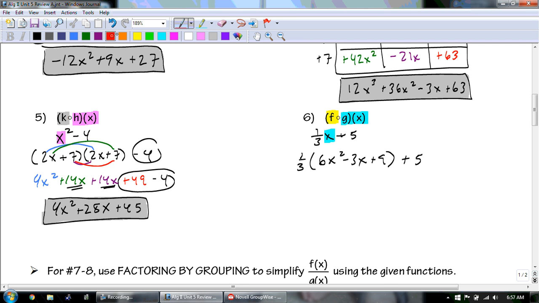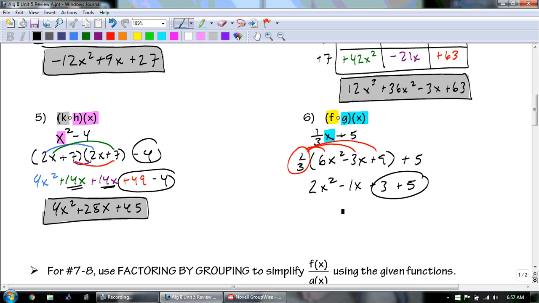Okay? And then we distribute 1/3 times 6. 1 times 6 is 6. 6 divided by 3 is 2, so we get 2x squared. 1/3 times negative 3. 1 times 3 is 3. 3 divided by 3 is 1. 1/3 times 9. 1 times 9 is 9. 9 divided by 3 is 3.